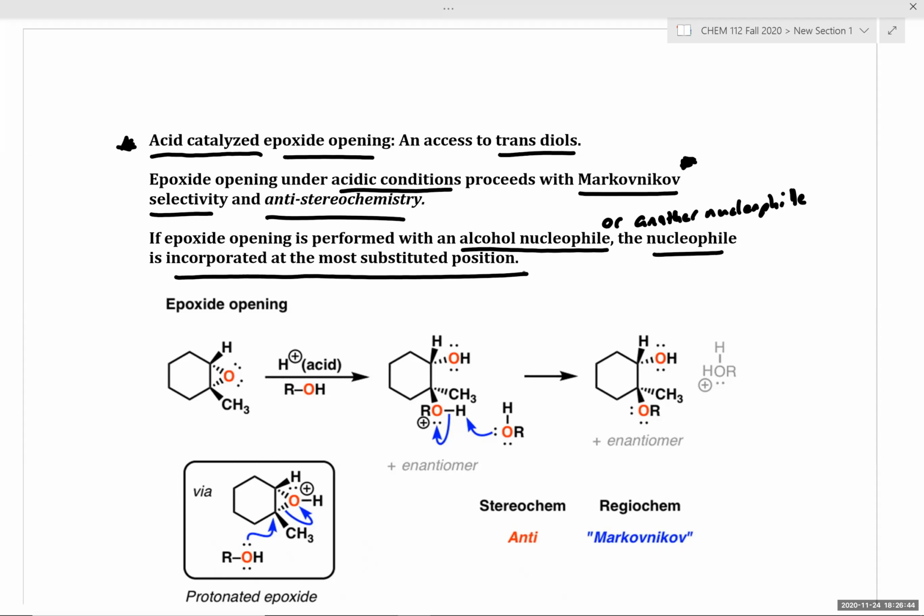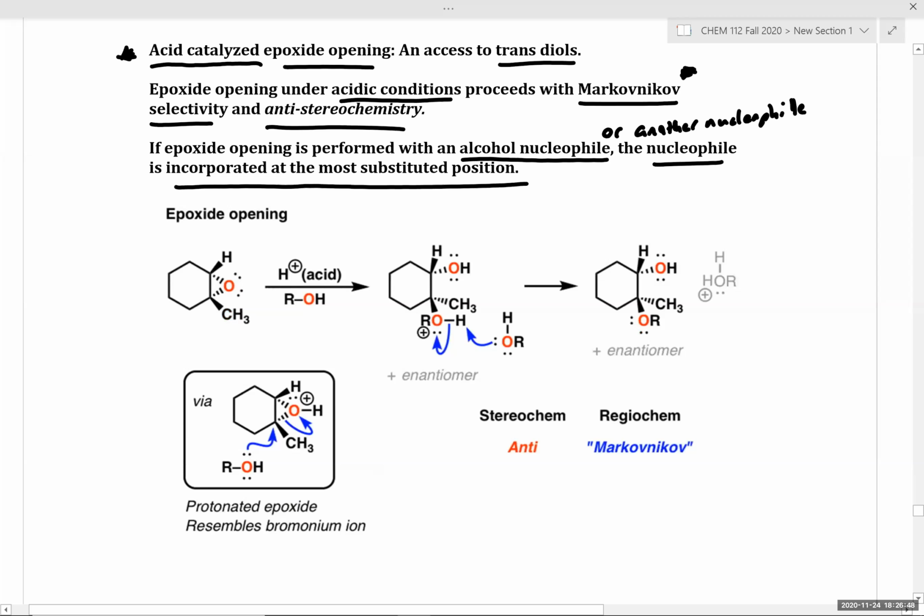Under acidic conditions, we're going to protonate our epoxide. And just like, for example, in bromoetherification, where we are going through a bromonium intermediate, the attack of our nucleophile occurs at the most substituted carbon that can most readily stabilize a positive charge.